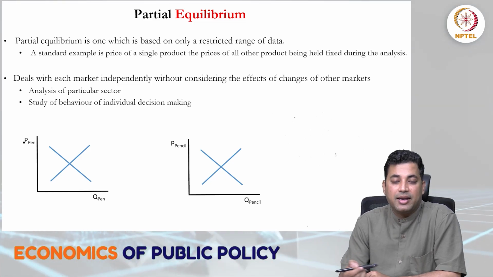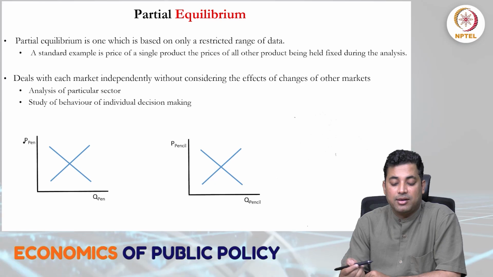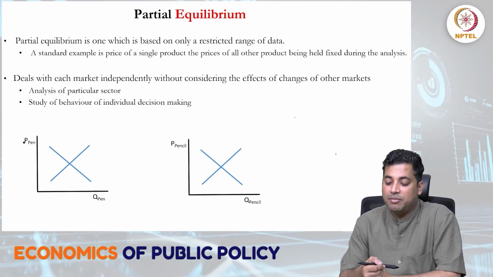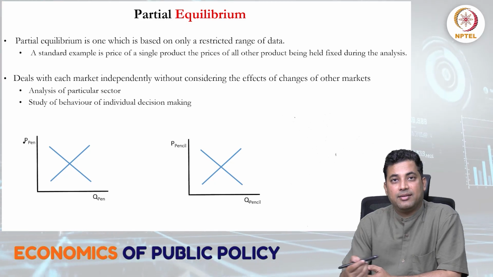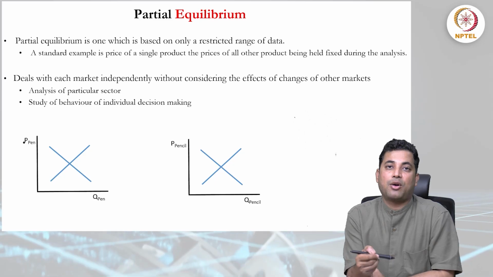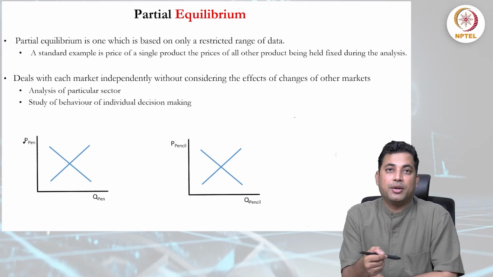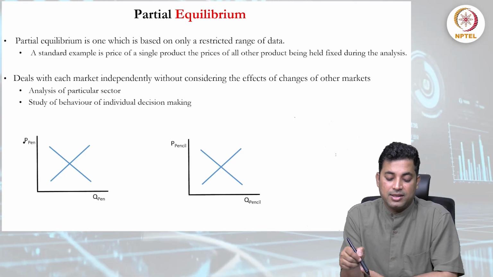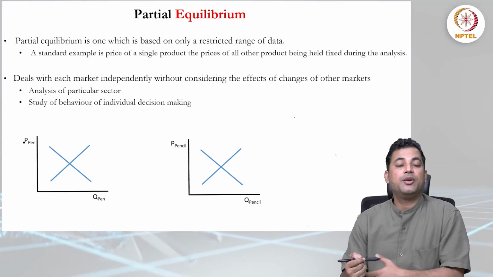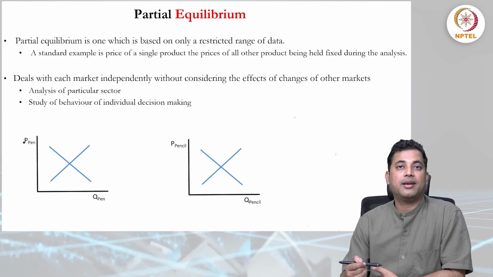So an example is the price of a single product, with the prices of all the other products being fixed during the analysis. So trying to understand price determination for one particular commodity in one particular economy, that will be considered as partial equilibrium. That is like dealing with one commodity, one sector at a time.